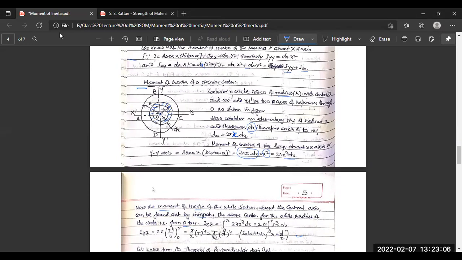In the last class, we started discussing the moment of inertia of a circular section. How did we do it? We assumed a circular section as shown here.